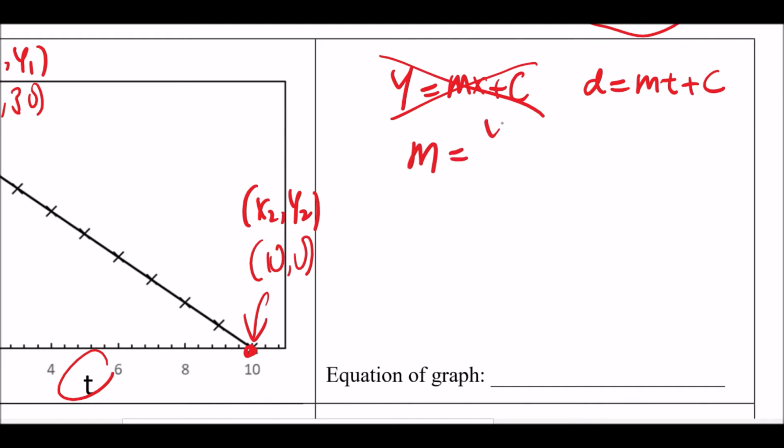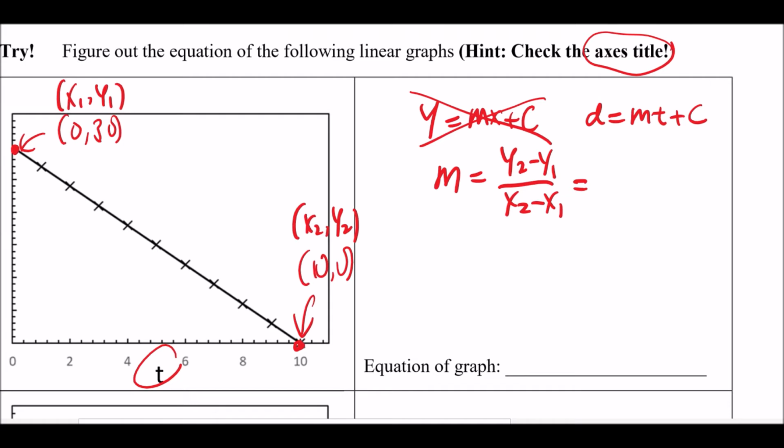I write down the general formula: y2 minus y1 over x2 minus x1, and I input my values. y2 is 0, y1 is 30, over x2 is 10, and x1 is 0. You do your calculations, and you should get negative 3. The gradient here is negative 3 because you can see that it's downward sloping.